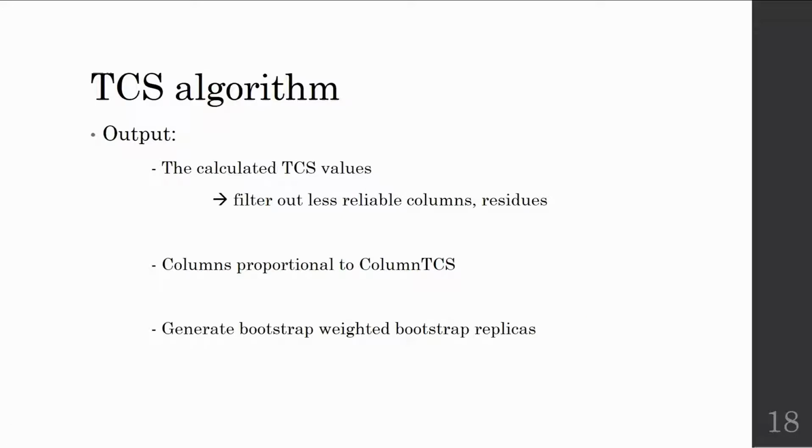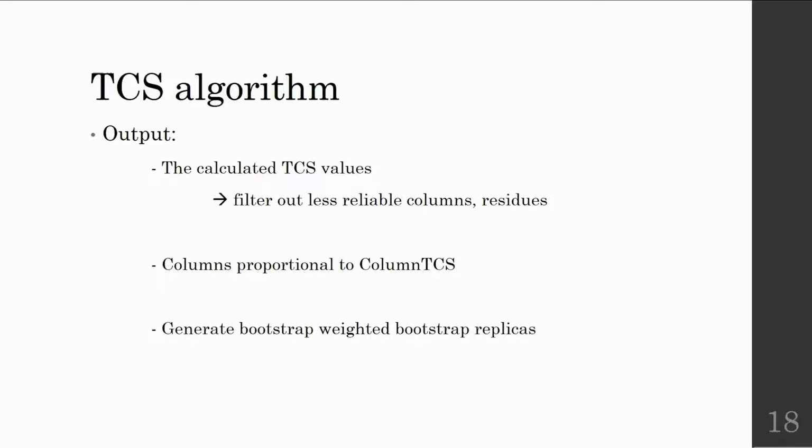So the output of TCS is that you get all these calculated TCS values, and then you can compare these between different multiple sequence alignments. What you can also do is filter out the less reliable columns and residues based on an option that you have used in the beginning.